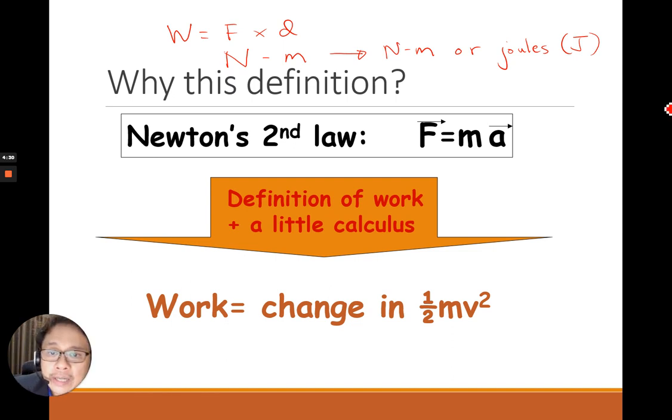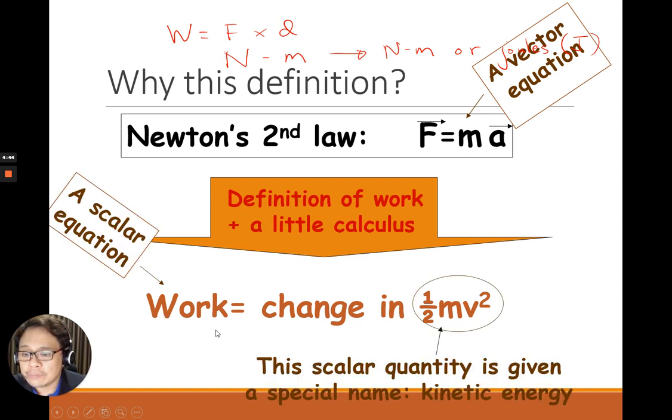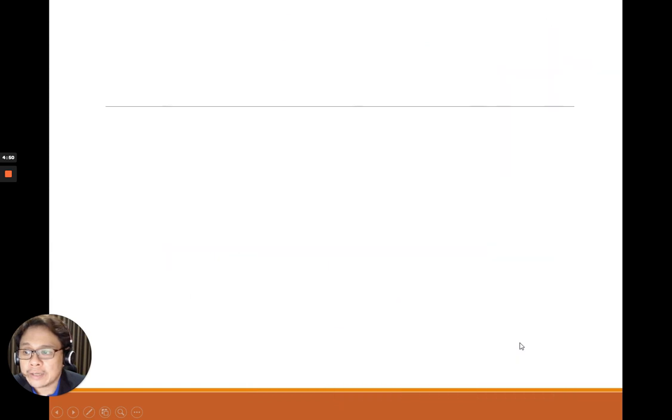So this is an SI unit, the joule. It's a derived unit. Now F is a vector equation, but work is a scalar equation. Now this scalar quantity is given a special name. As I mentioned a while ago, it is kinetic energy.